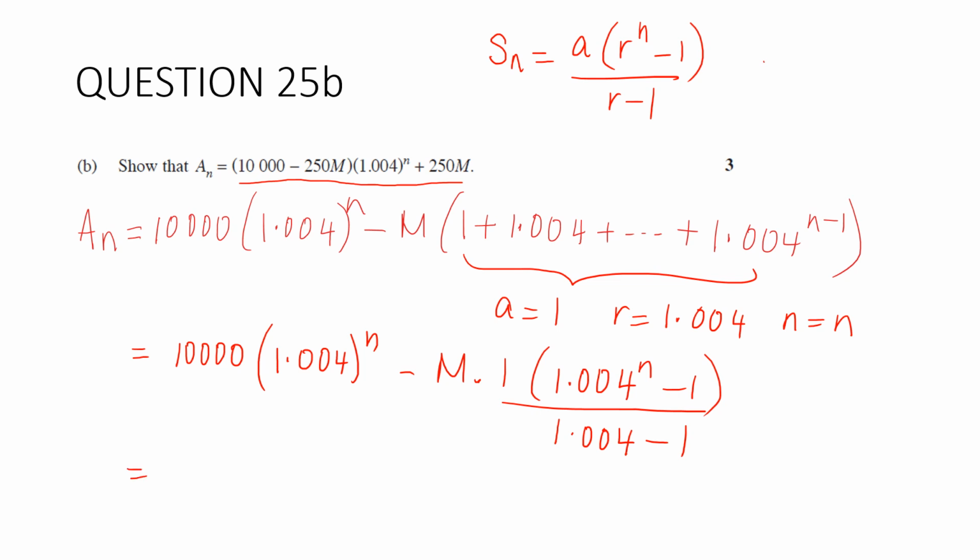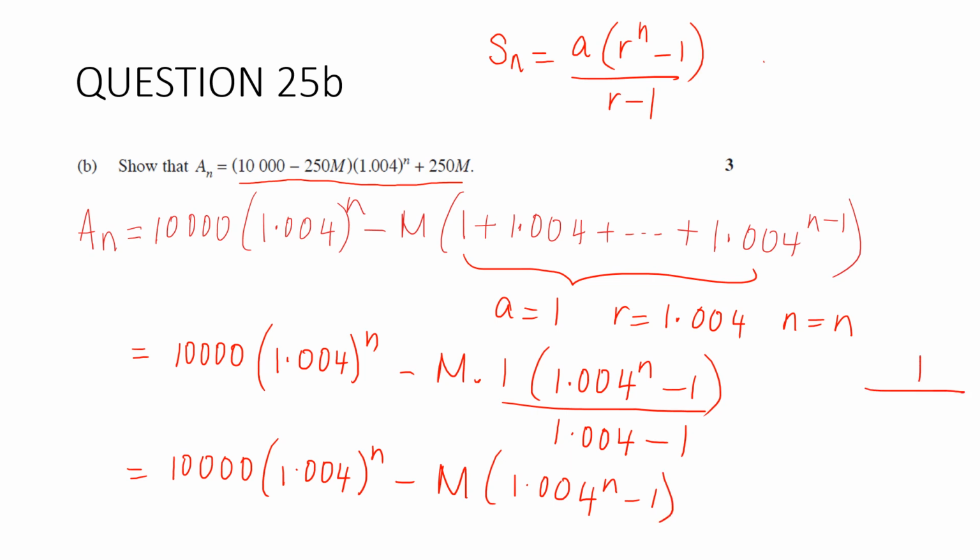Is equal to 10,000 times 1.004 to the power of n, take away M, multiplied by (1.004 to the n minus 1). Now I'm going to do 1 divided by 1.004 take 1 on my calculator as a fraction. Okay, so 1 divided by 1.004 take 1, which is 250. That's nice, isn't it? So this here is equal to 250.